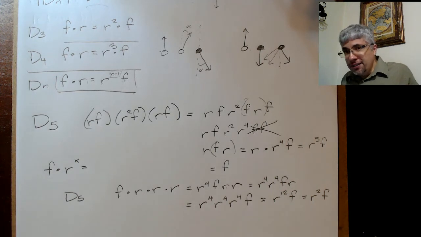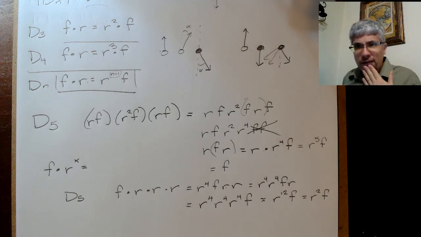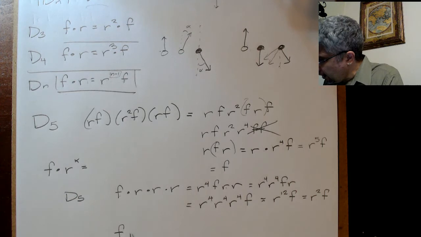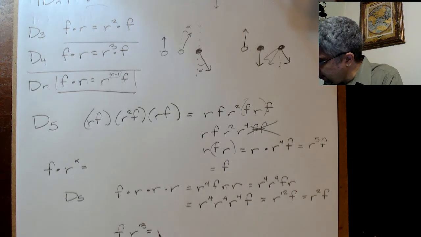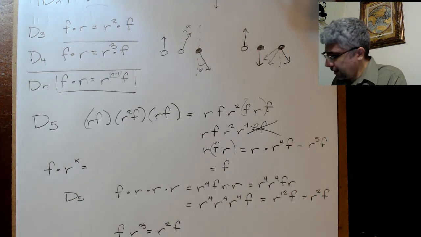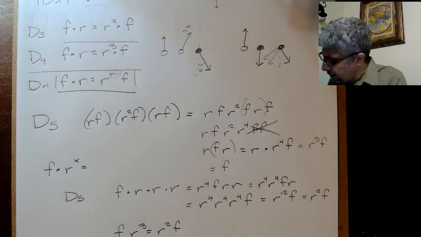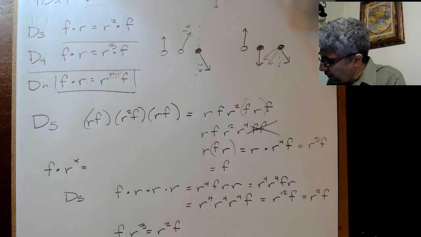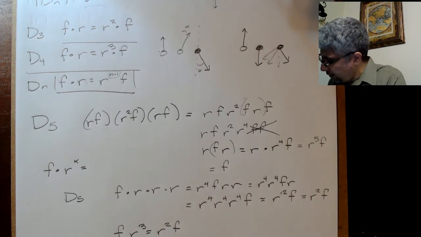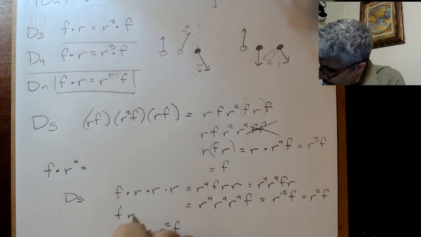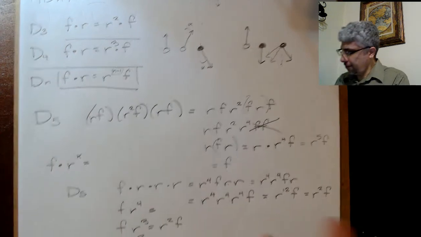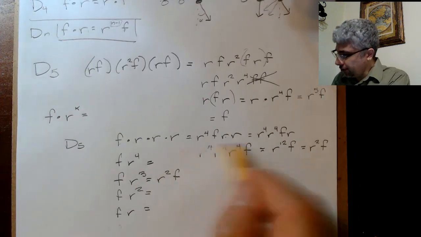So maybe there's an easier way. Do we notice something here? f times r cubed is equal to r squared f. I want to do an f r to the 4. Well, you've already seen that.